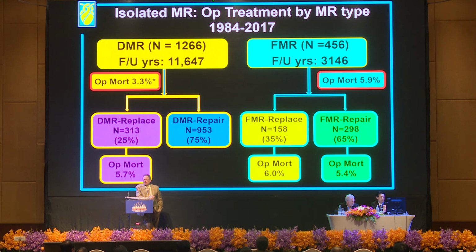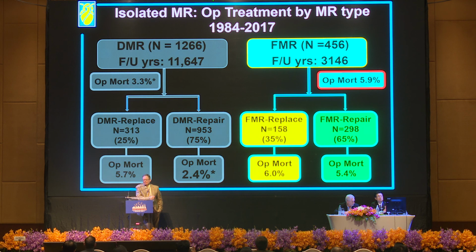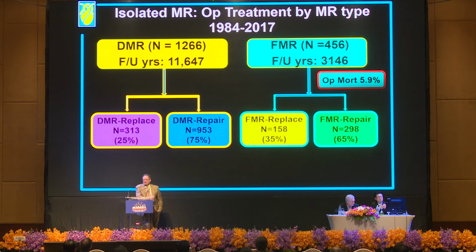But for degenerative replacement or any functional, the operative mortality is the same. The only operative mortality that's less is degenerative MR repair. All other repairs and replacements have the same operative mortality. There's no significant difference for operative mortality in our 1,700 or our 400 functional patients.